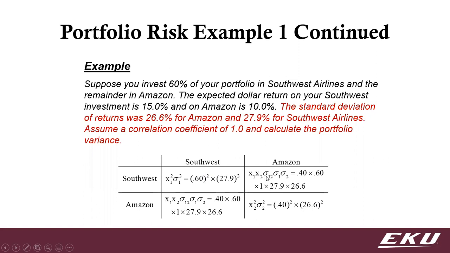We've got this correlation term, which they told us is 1. And then we just multiply the standard deviations, we don't square them; we multiply them by each other, the 27.9 and the 26.6. You'll notice these two terms are the same. That's always going to be true. Southwest changes with Amazon the same way Amazon changes with Southwest, so those two numbers are the same. These two will not normally be the same.